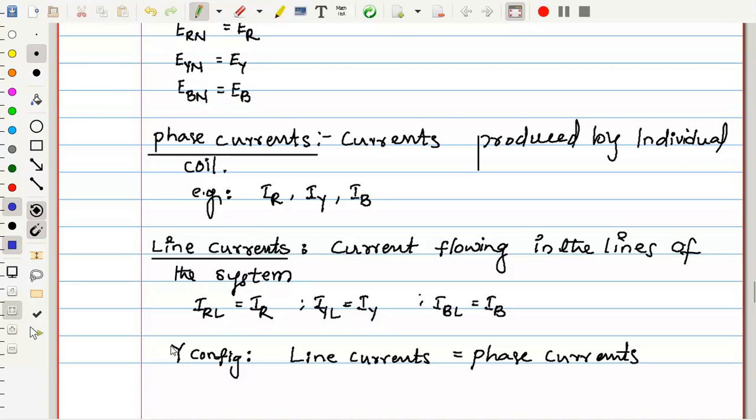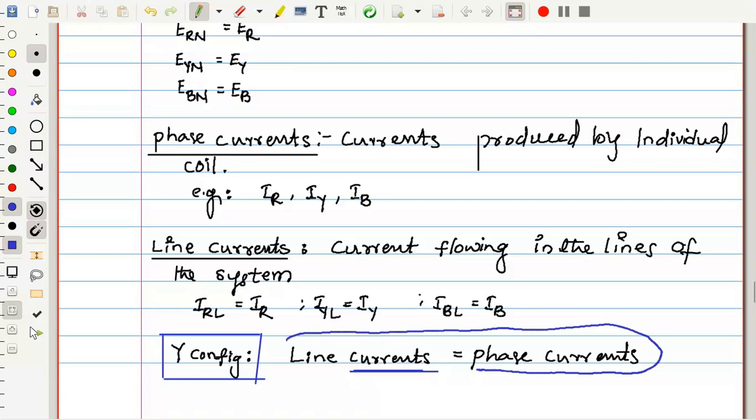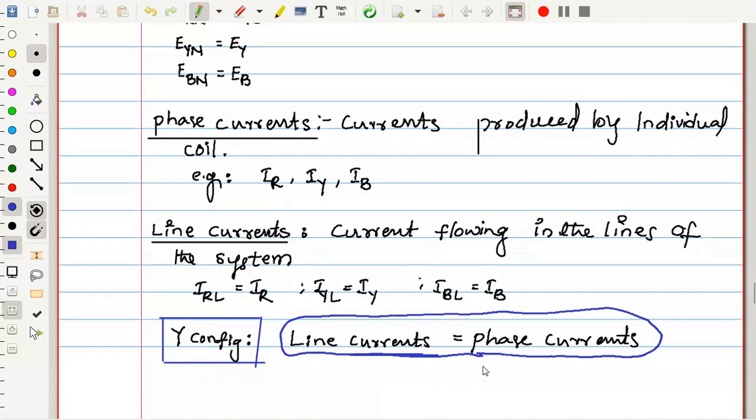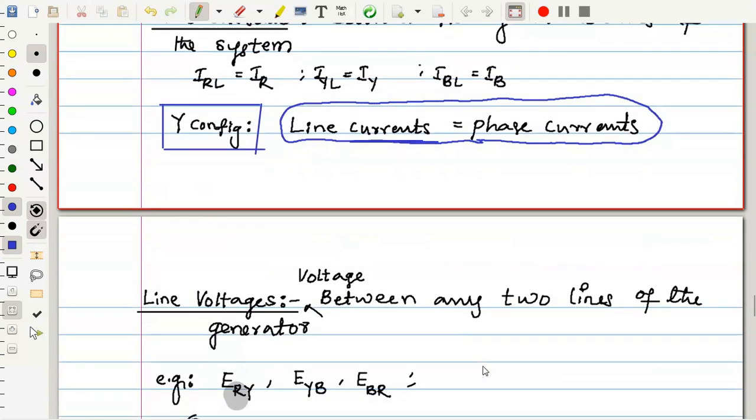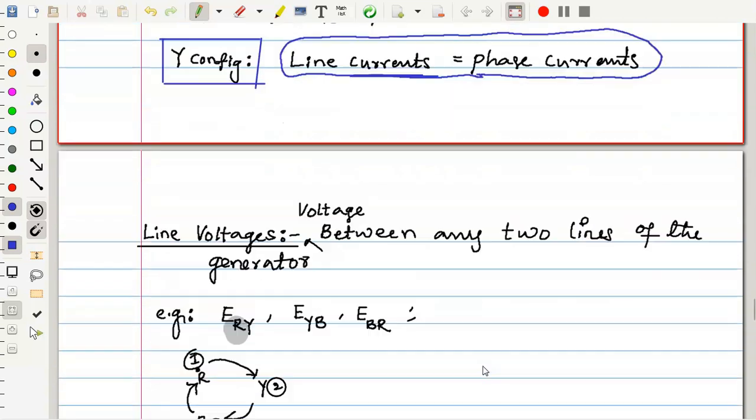Here in the Y configuration, we could see that the line quantities are equal to phase quantities only for currents, not for voltage. That you should carefully observe. The line current is equal to phase current, and this is always true for Y configuration.